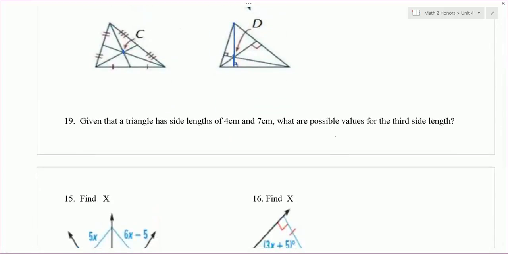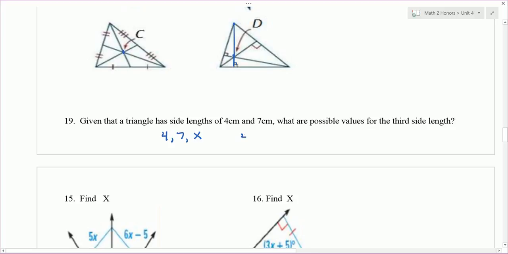19. Given that a triangle has side lengths 4 and 7, what are the possible values of a third side length? So if we let x be that third side length, we have two cases to consider using the triangle inequality. First is that x is the largest of the three.